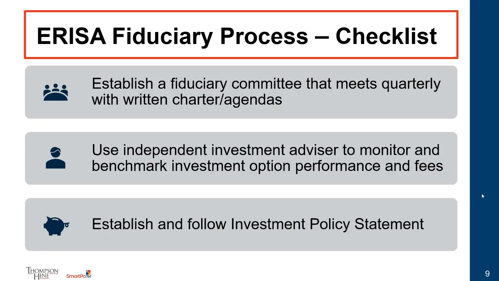Also, there are certain items that you may not want to do quarterly, but you should be looking at annually, like the record keeper fees, benchmarking them annually, looking at your investment policy statement, which I'll get to, looking at your managed account, your target date funds, your brokerage windows, your cybersecurity processes, your communications, your education program. All of those things should be addressed at least once a year by the committee.